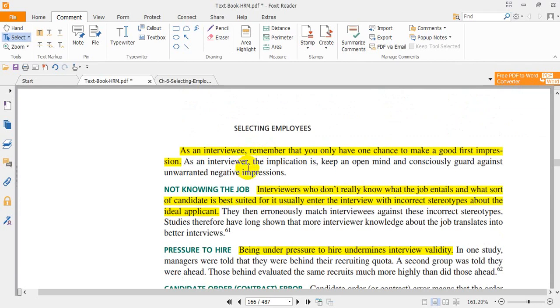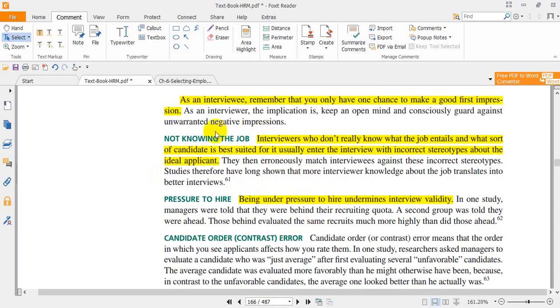As an interviewee, remember that you only have one chance to make a good first impression. The first impression is very important. As an interviewer, the implication is keep an open mind and consciously guard against unwarranted negative impressions. Okay, this is for an interviewee and for an interviewer.